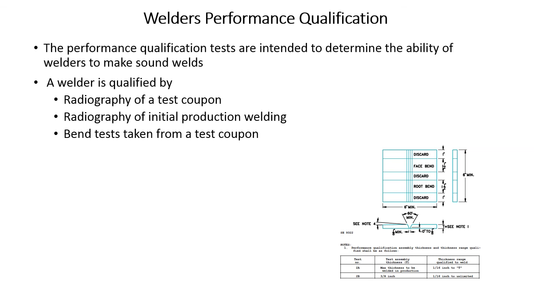I mean, there's some minor tweaks, but it shows you what the weld groove needs to look like, and then it also shows you, okay, do a face bend on this one, a root bend on this one, and then discard it. But it shows you the size of the test coupon and the groove. So you can do these with radiography, or you can do the radiography of an initial production weld. But there's a lot of different ways, and it depends on what you're welding on as far as materials and material product form.